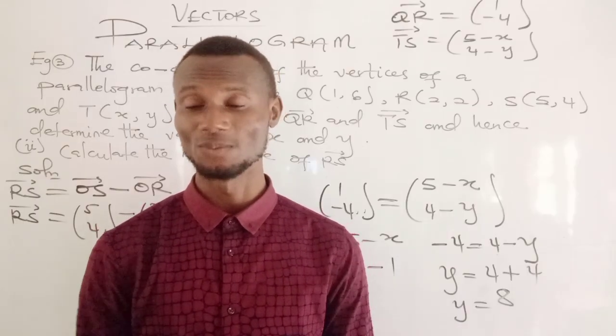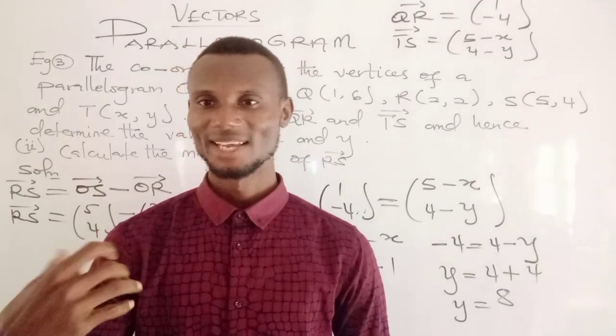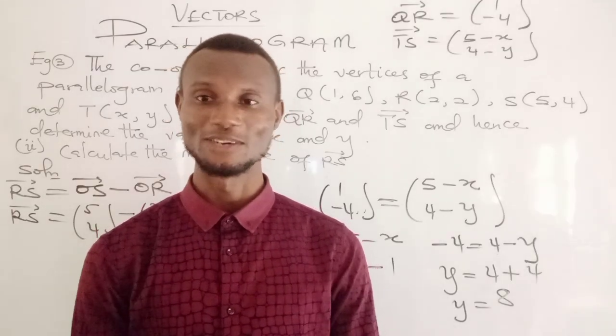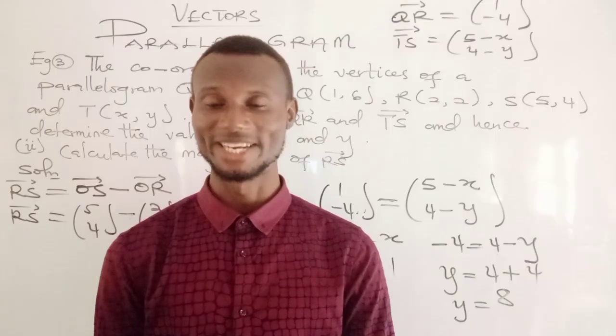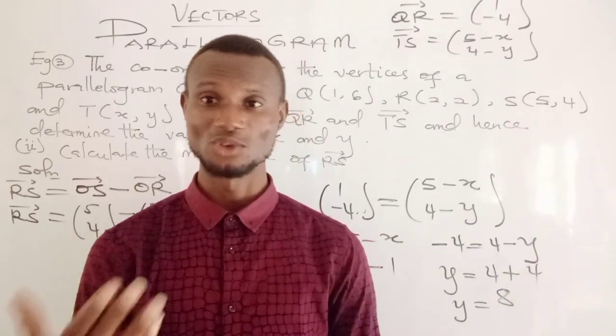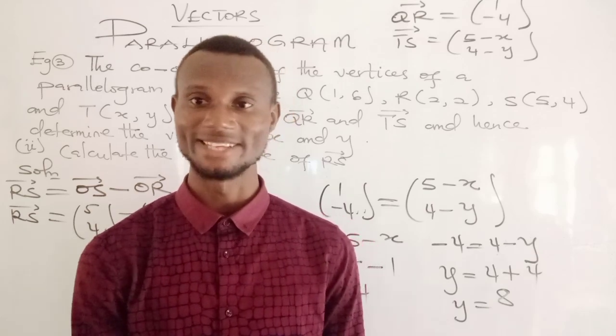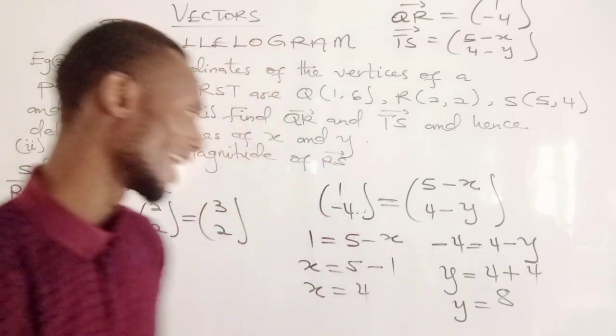I've already taught you how to find the magnitude of a vector. We've done a detailed explanation on it, and also solved some examples in the previous video. So we are just going to apply the knowledge to find the magnitude of the vector RS here. Let's go ahead and do that.